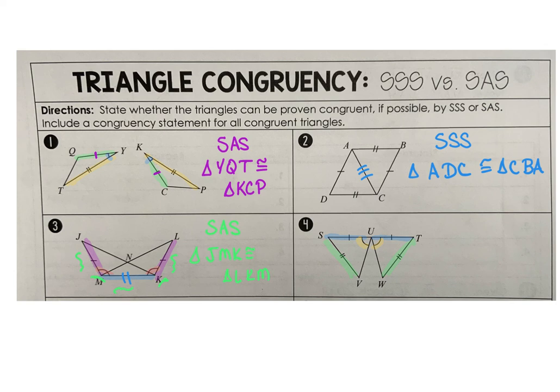Where is that angle? It's not in between them. So these 2 angles, based on the information that I have, are not congruent. So you would say not congruent, or at least you can't prove it. So you would list this as not congruent based on the information that you have. Based on the information that you have, you cannot say that these are congruent.